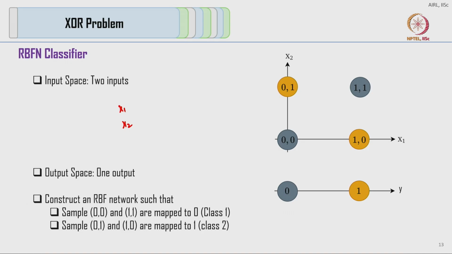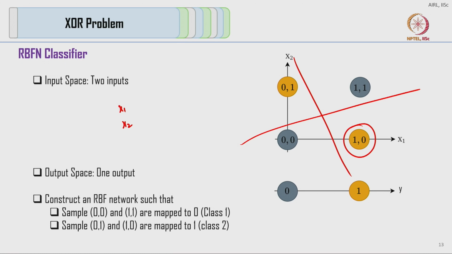XOR says if it is 0 0, it belongs to class 0. If it is 1 1, it is also 0. So there is no way I can draw a line to separate these classes. In the space of x1 and x2, this is linearly inseparable.